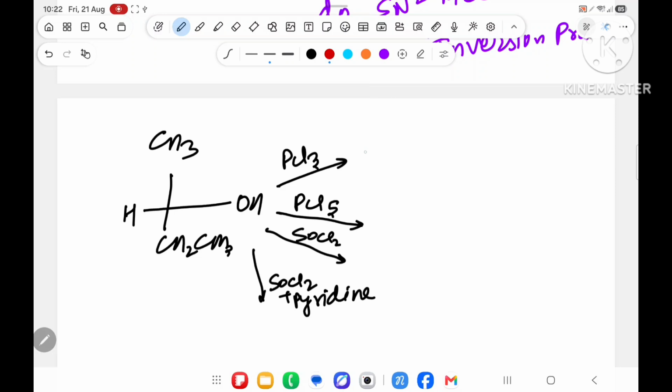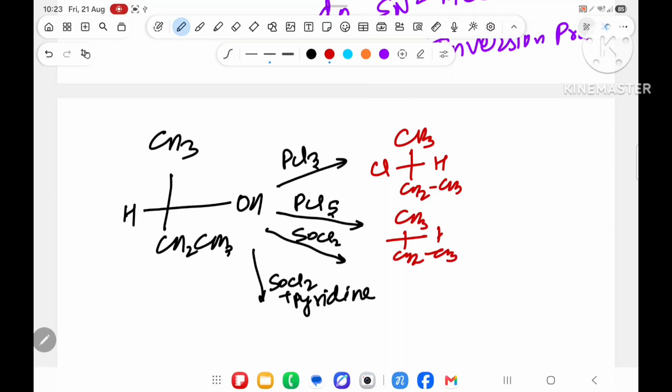In this case it will follow SN2, so inversion is there, and you will get CH3, CH2, CH3 with H over here and Cl on this side. Over here it is also SN2, so again CH3, CH2, CH3 with H and Cl. Both will follow SN2, so inversion comes. Understood?